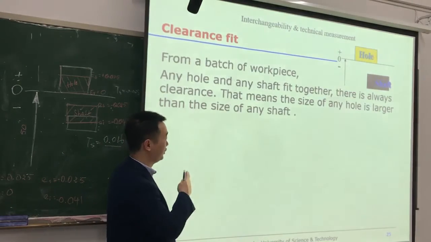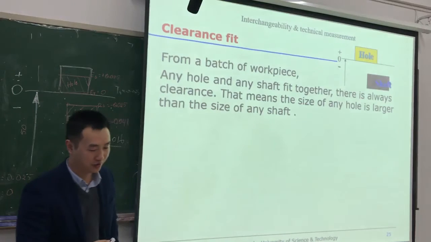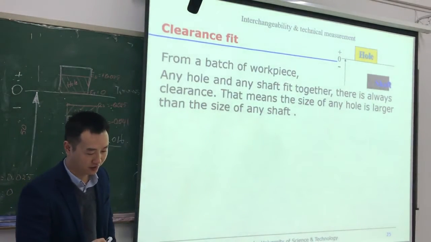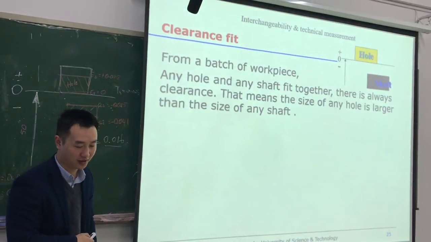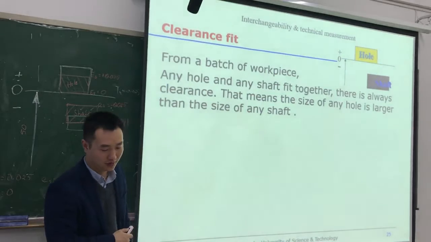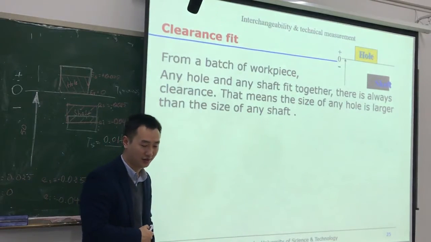First, we look into the clearance fit. From a batch of workpieces, any hole and any shaft fit together, there is always clearance. That means the size of any hole is larger than the size of any shaft.